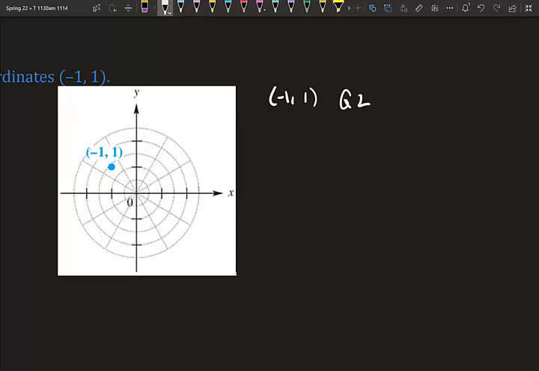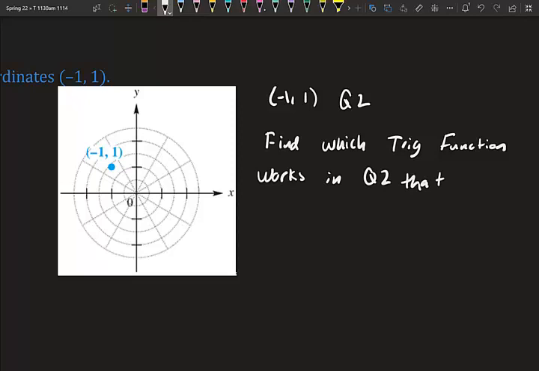Or at least we know that. So we're going to find which trig function works in Q2 that equals negative 1 over 1 or 1 over negative 1. Because all of those equal negative 1.